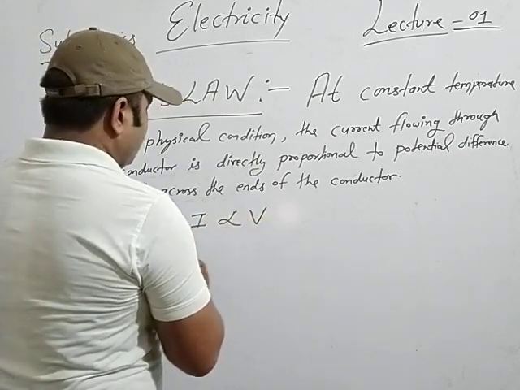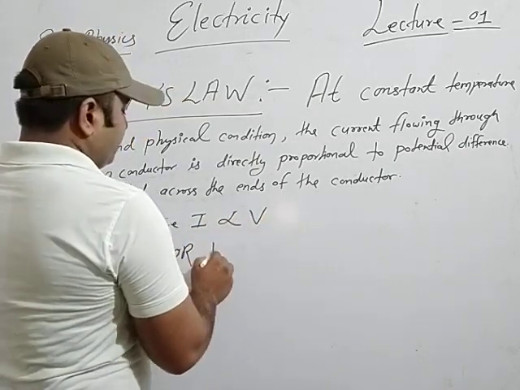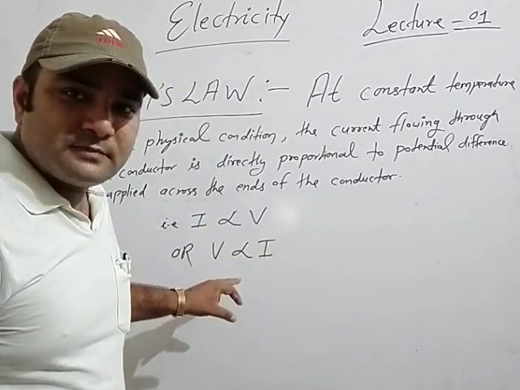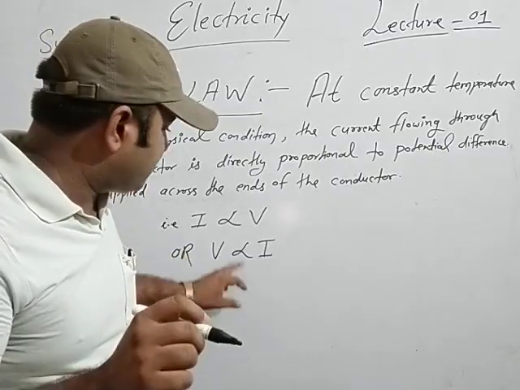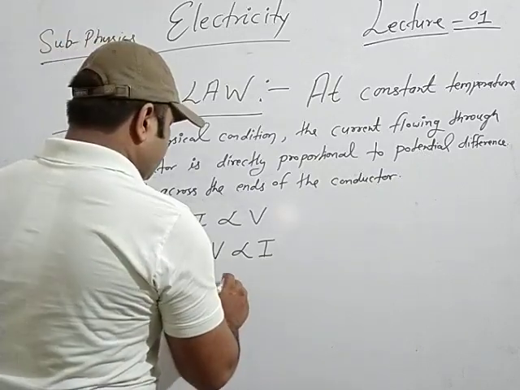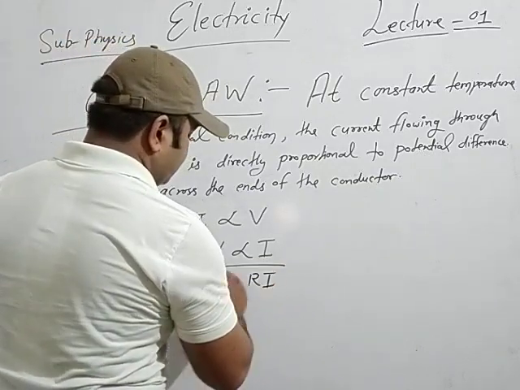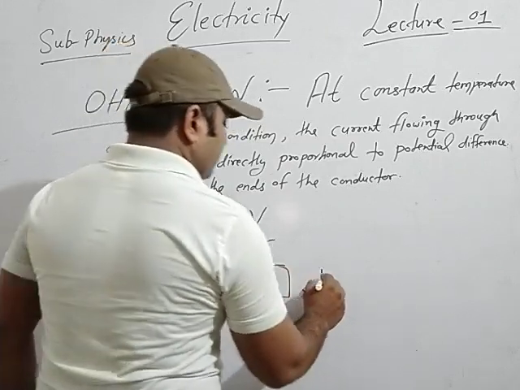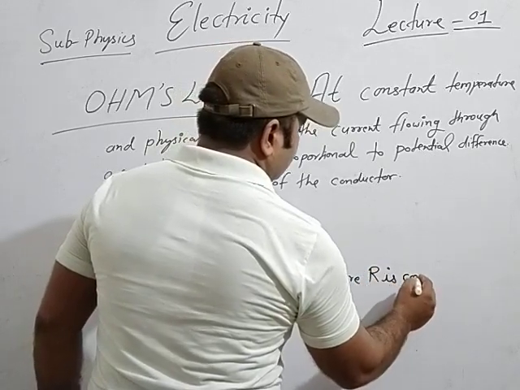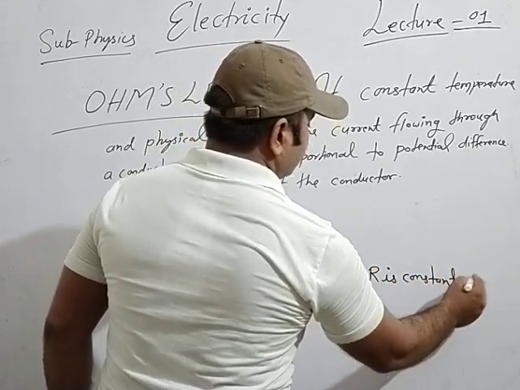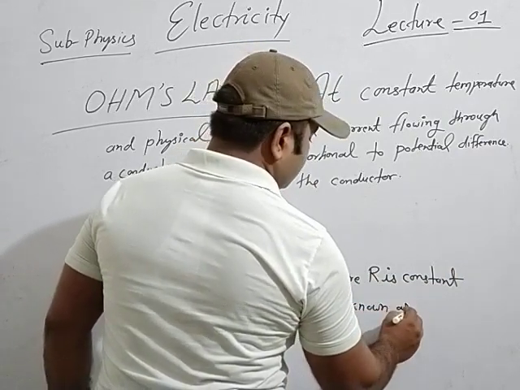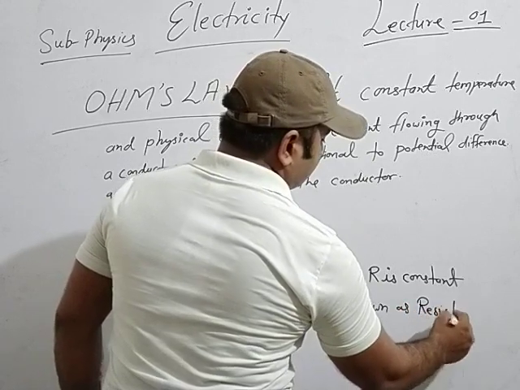You say that V is proportional to I. Clear? Here I explain why reversing is necessary: because potential is the dominating factor. So V equals RI, where R is a constant known as the resistance of the conductor.